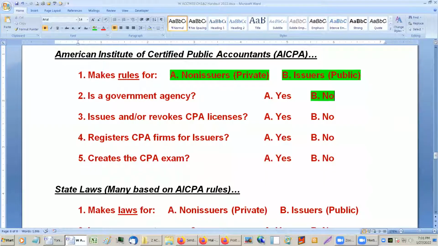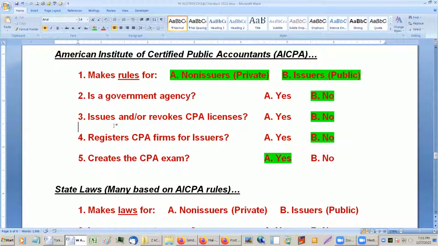They issue or revoke CPA licenses. No. Nope. They register CPA firms. Nope. Create the CPA exam. Yes. So they make the CPA exam.